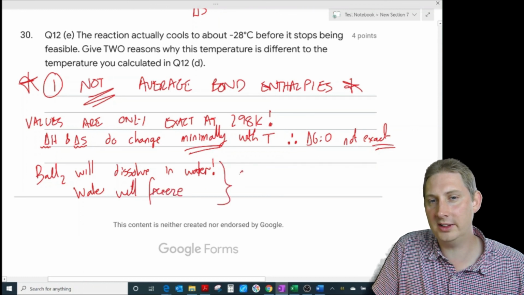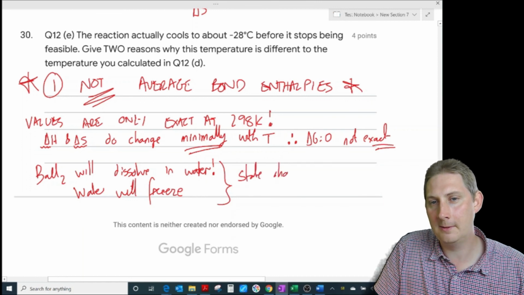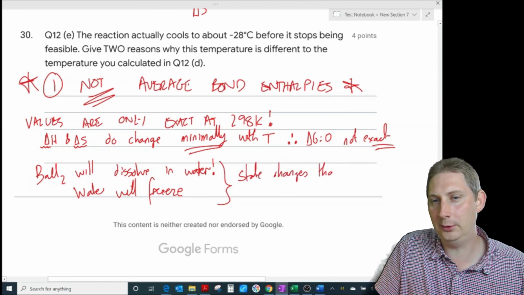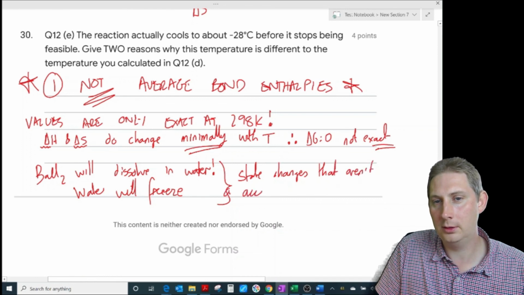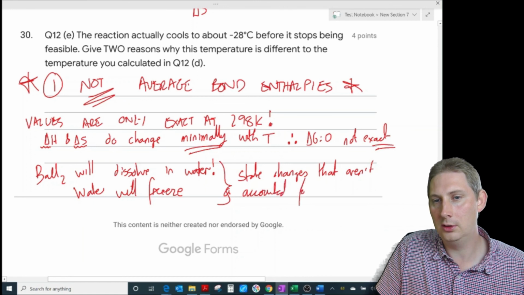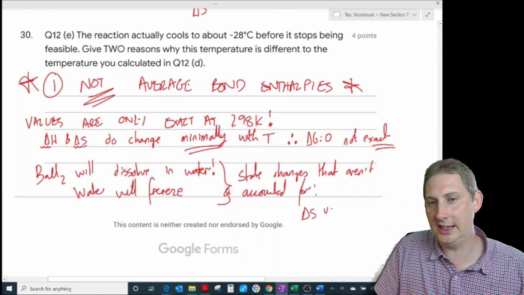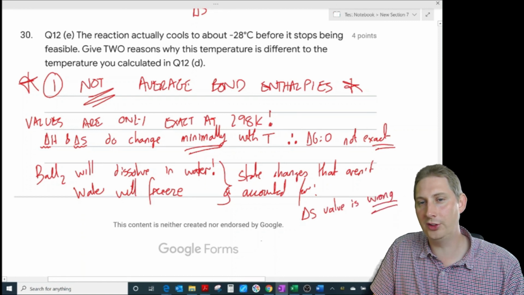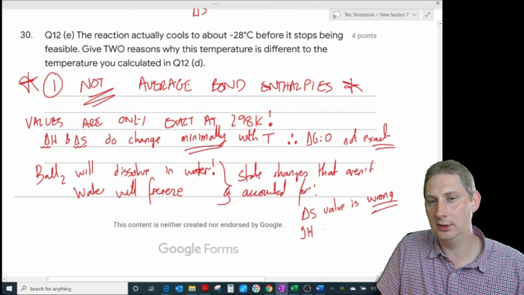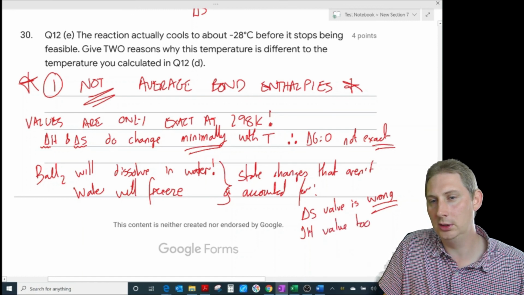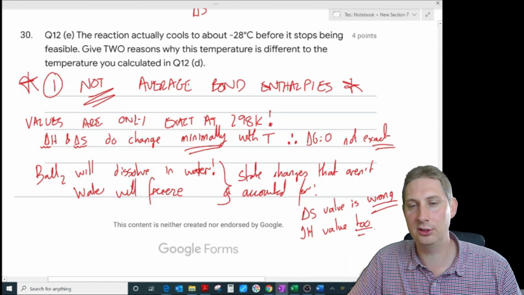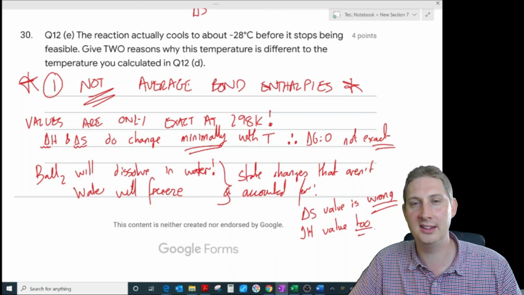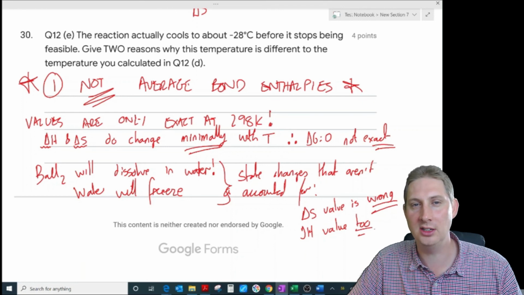Or otherwise just talk about state changes that aren't accounted for. And that obviously means that your delta S value is wrong. Also probably means that your delta H value too. So unless the stuff is exactly what was shown there, then the delta S and delta H values are going to be wrong because it's not forming the exact products that are shown in that equation.